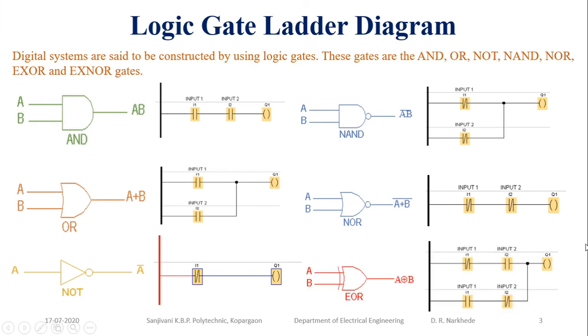In XOR gate, if you are going to observe over there, here my input 1 is the XIO condition, this is the XIC condition for input 1, this is the XIO condition for input 2, and this is the XIC condition for input 2. Okay, so we need to use both XIC and XIO conditions for the inputs.